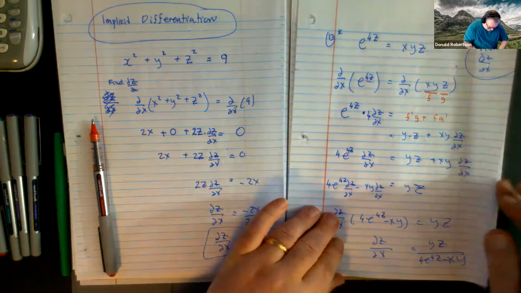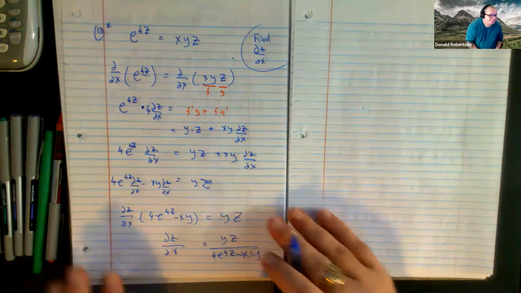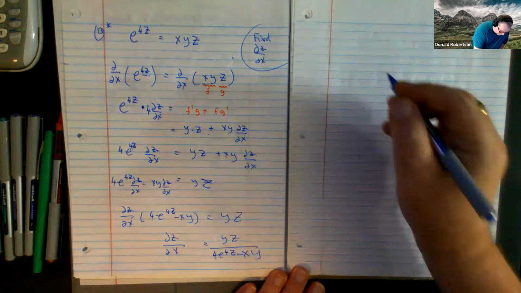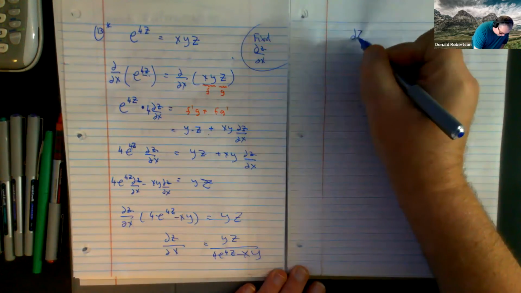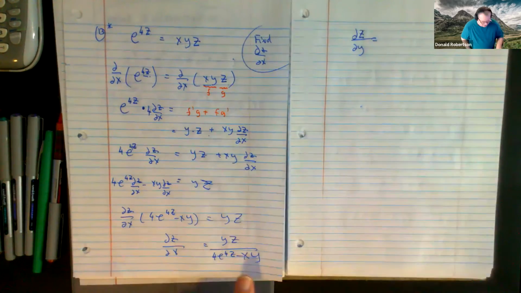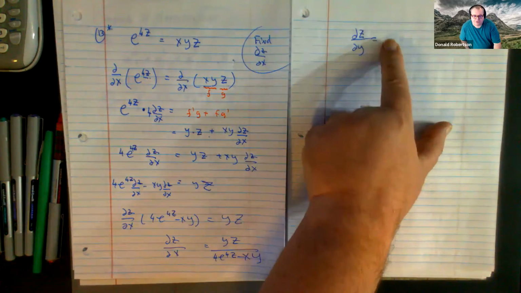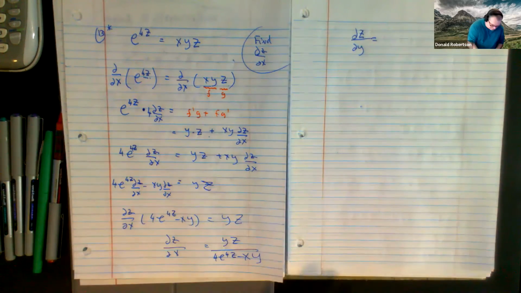Now, this function is symmetric. And because it is symmetric, I don't need to do any work at all. Look at this answer here. I should be able to use it to predict what the other answer will be.